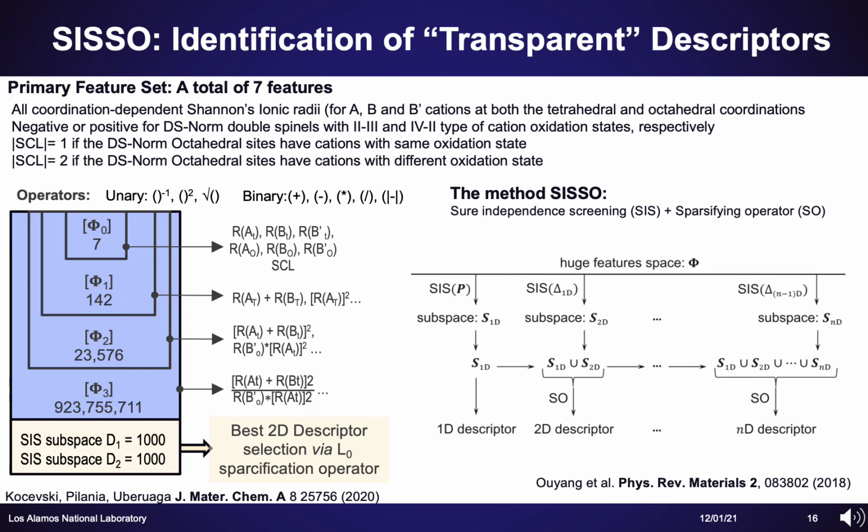Starting with the accumulated feature space, the SIS method selects a subspace of features with the best classification performance, quantified via targeting an overlap region in the classification space with the least number of samples and a minimum surface area. The SO approach then evaluates all possible combinations of features from the SIS subspace, yielding the optimal solution. In the present case, a SIS subspace of 1000 was consistently used for identifying the best two-dimensional descriptor pair.